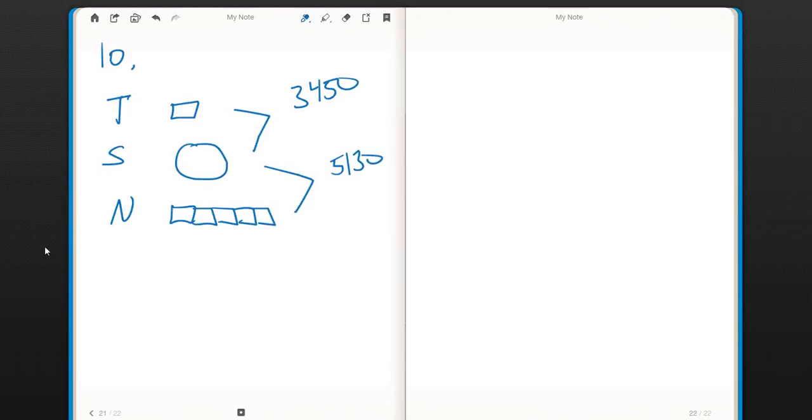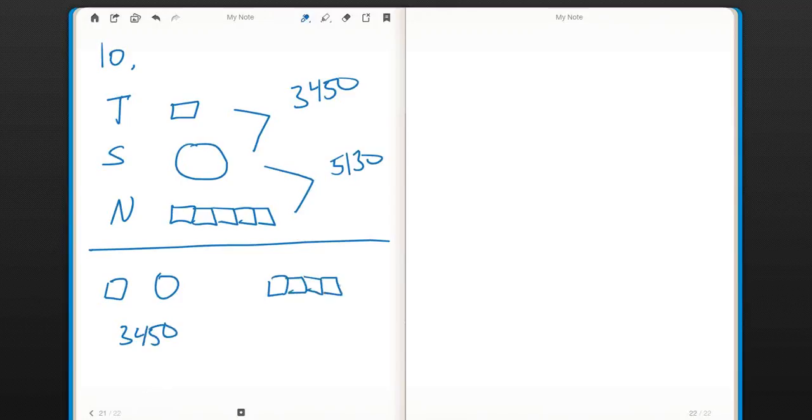Does it strike you? At some point, we want it to be intuitive to say, oh, I see what this is. Here's what we want to realize. A square and a circle is 3,450. 5 squares and a circle is 5,130.